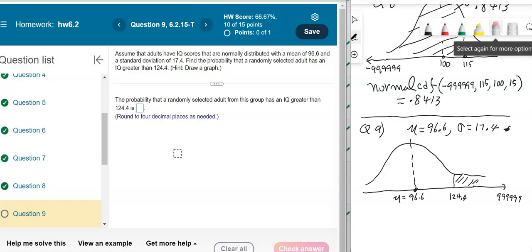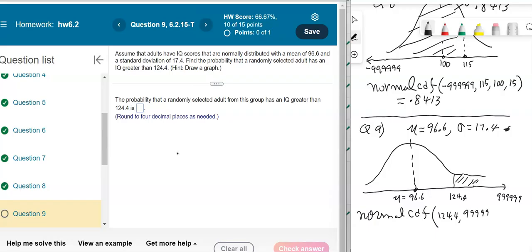All right, so that area is normal CDF (124.4, 999,999, 96.6, 17.4).